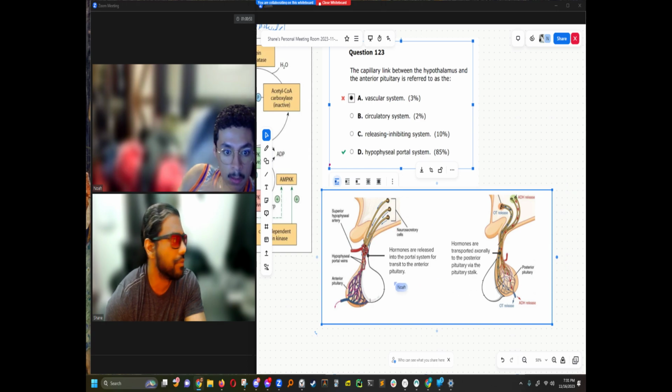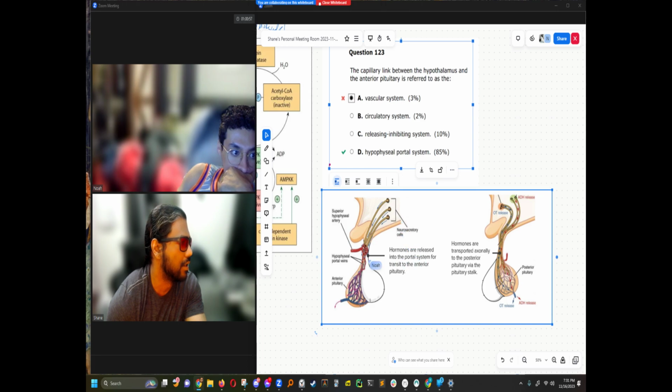Yeah. So for this question here, I'm just trying to see if I can find a more clear diagram.